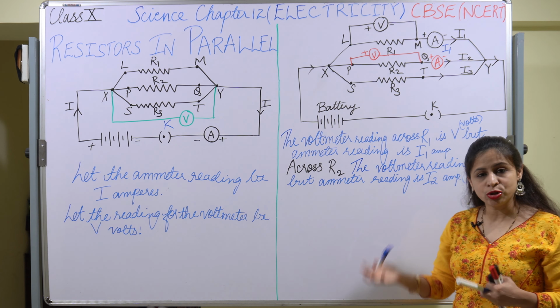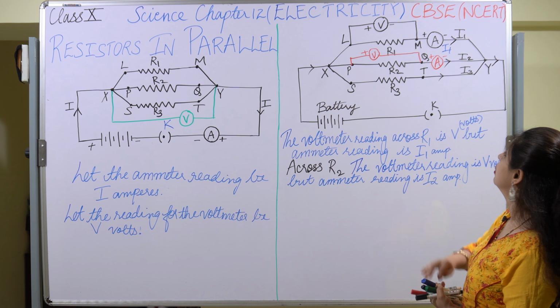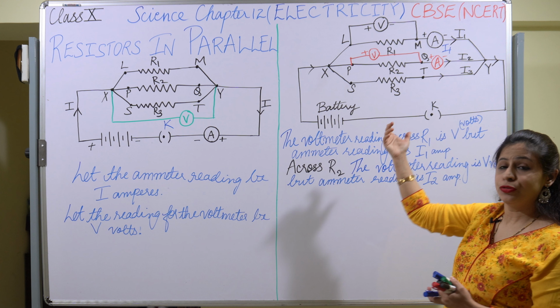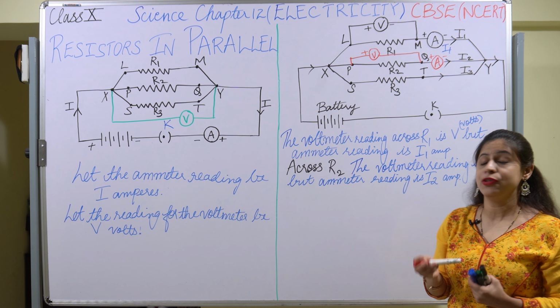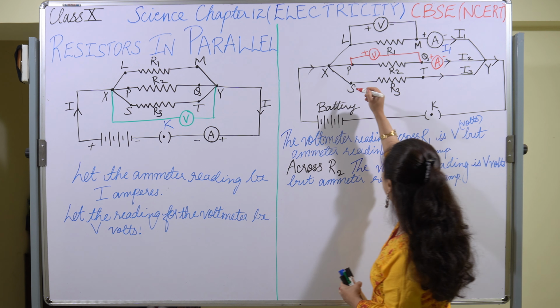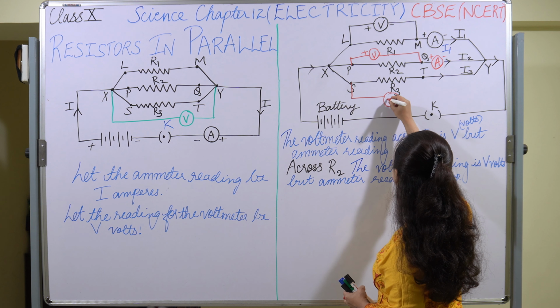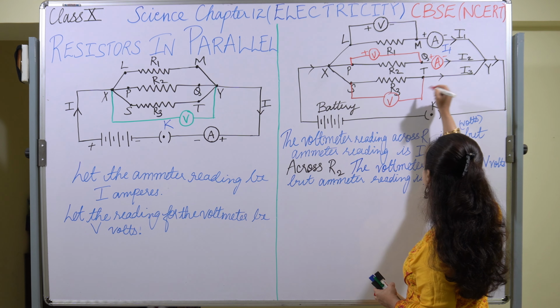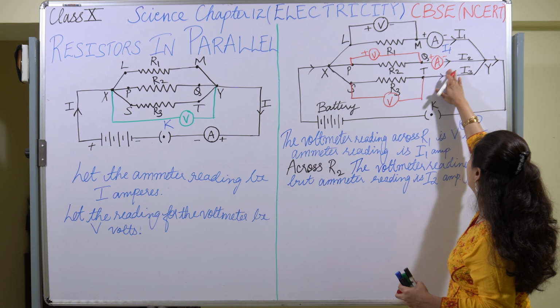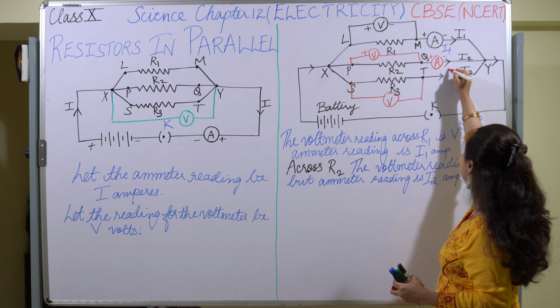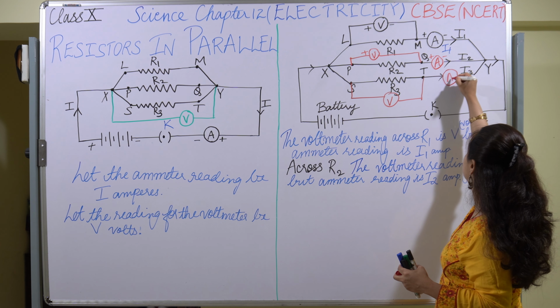Then switch off the key again, and now remove the voltmeter from there and put it across the points S and T. Also connect the ammeter in series with the R3 resistor.